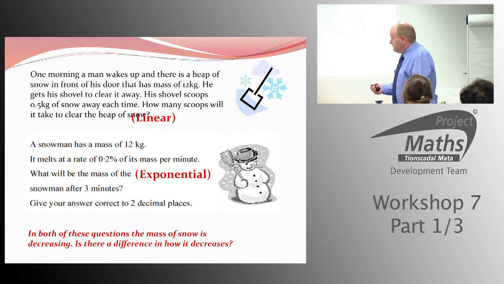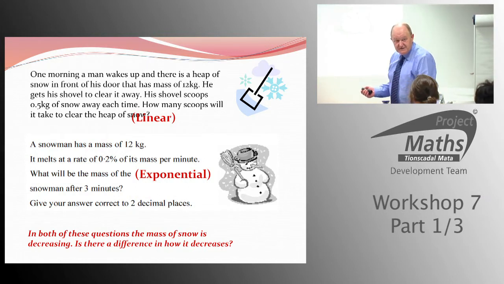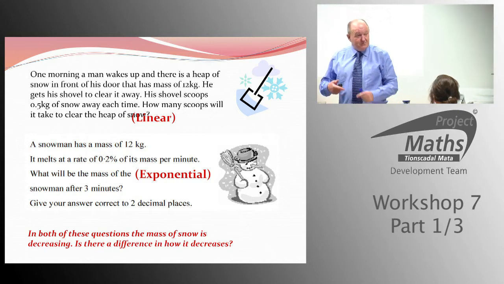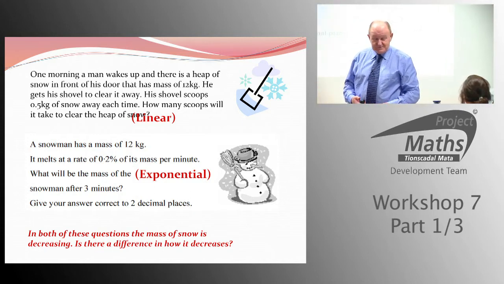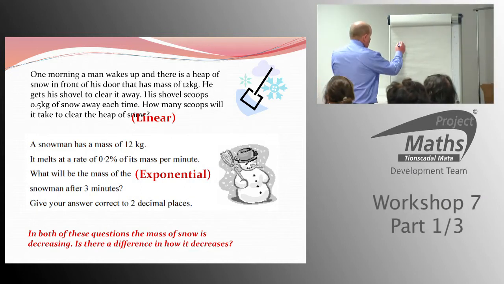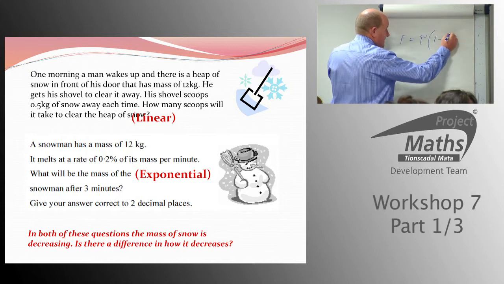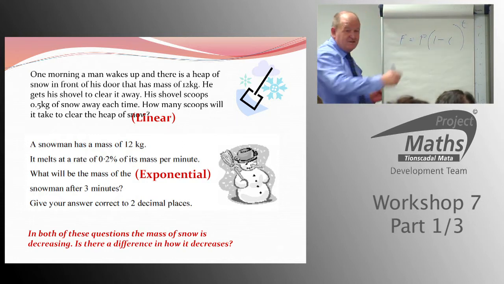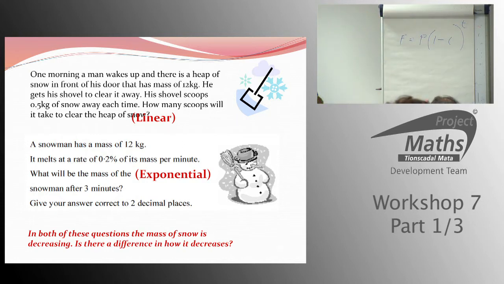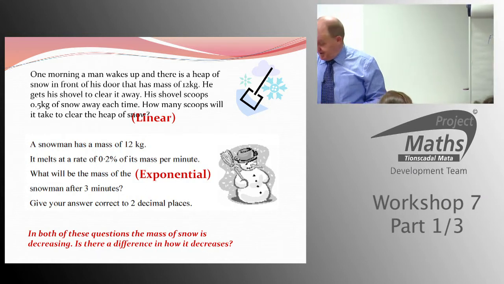Why is it depreciation? Well, you start off with 12 kilograms of snow and it goes down by 0.2%, and then you have a different amount and you're going down by 0.2% each time. So it's compound depreciation. And actually the formula F is equal to P into 1 minus I to the power of T. That's in the log tables as well, or the new formula tables, on page 30 as well.